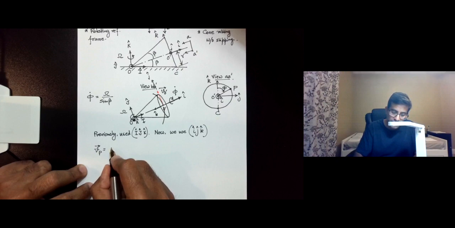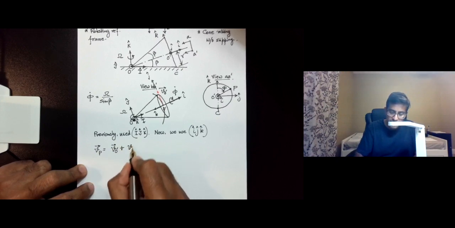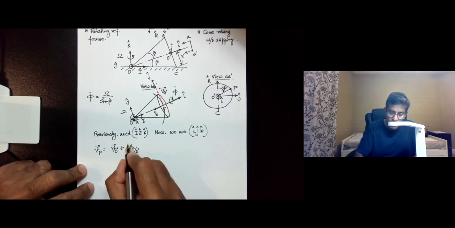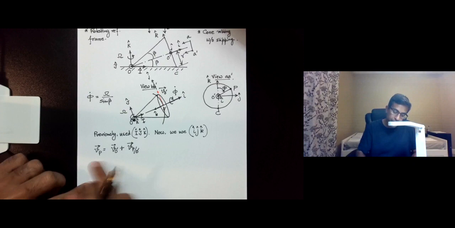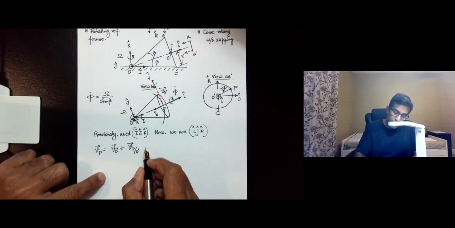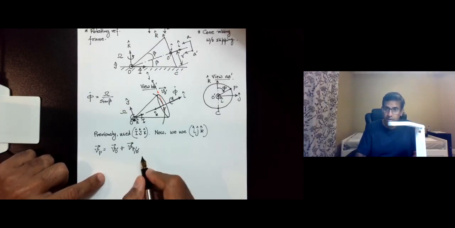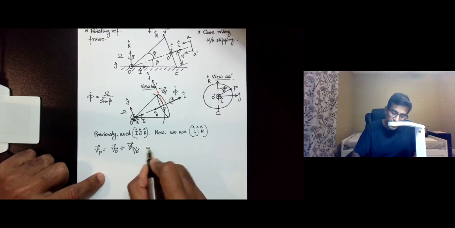So VP is equal to VO prime plus VP with respect to O prime. That is the general result, and this just comes from the principles of relative velocities.